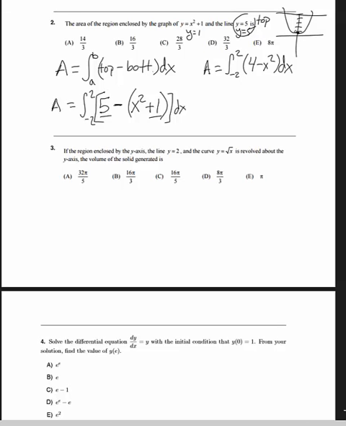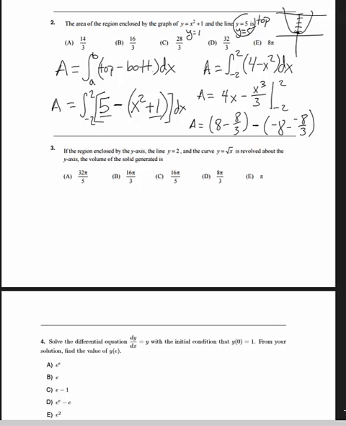Then we integrate that. Area equals 4x minus x cubed divided by 3 from negative 2 to positive 2. Plug in and we get the area is equal to 4 times 2 is 8 minus 8 thirds minus 4 times negative 2 is negative 8 minus negative 8 thirds.